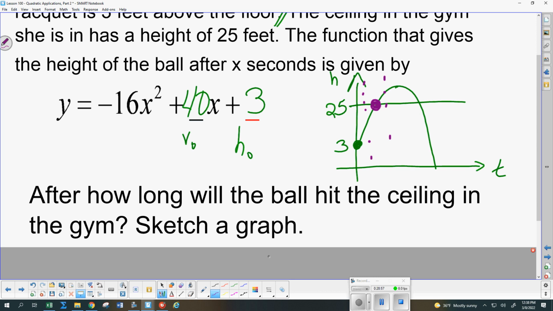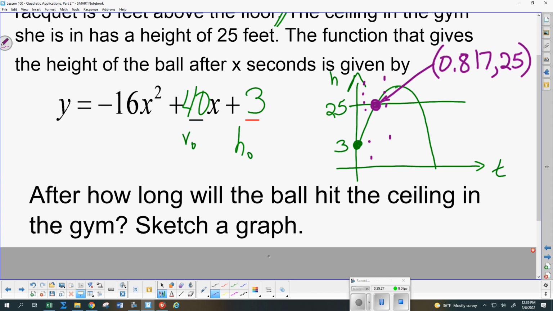Leo, what'd you get? Working on that? Anybody need help knowing how to get that? Caleb, what'd you get? So a fraction of a second to hit the ceiling, and then that would be comma 25, right?